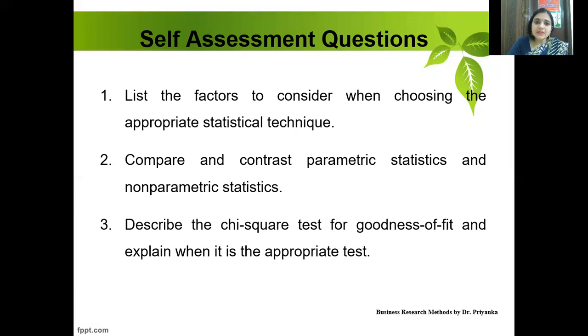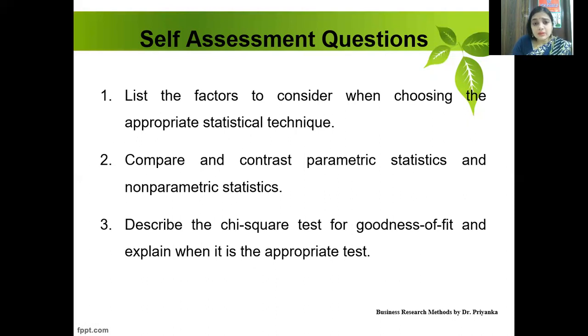The way you have collected data also defines which kind of test you will use, whether it was collected on a nominal or ordinal scale, or on a ratio or interval scale, right? So this would decide whether you will go for a parametric test or a non-parametric test.